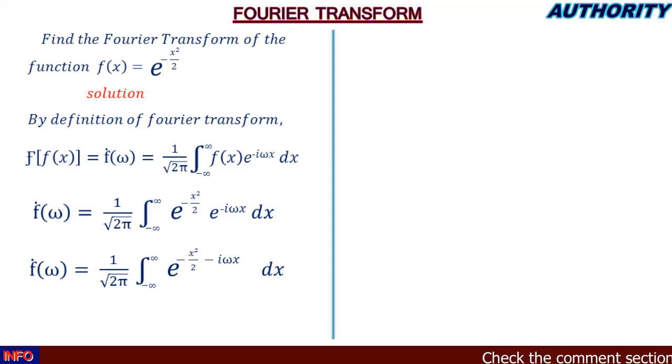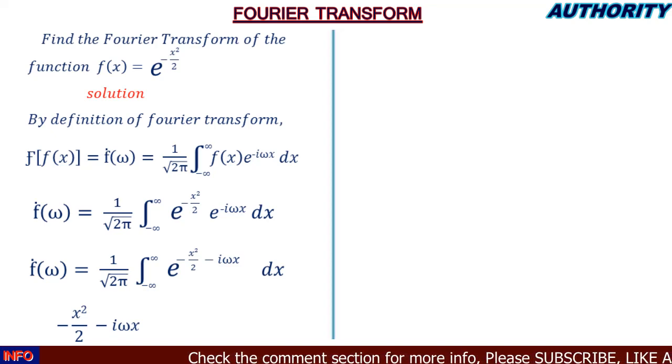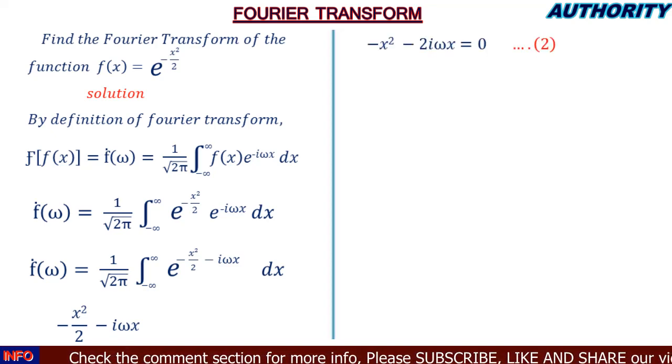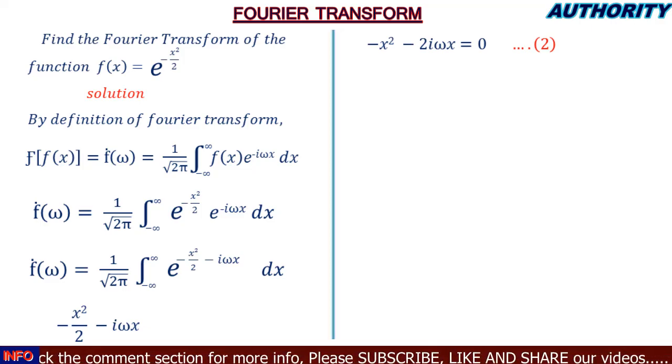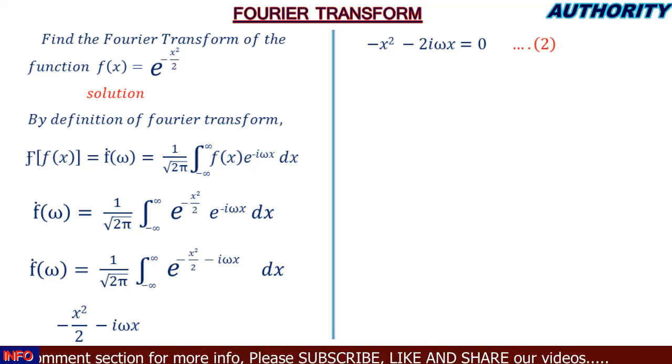Now pay attention. The exponent says minus x squared all over 2 minus i omega x, right? Now let's clear the fraction. When we clear this fraction, we are going to have minus x squared minus 2i omega x, let's say, is equal to 0.